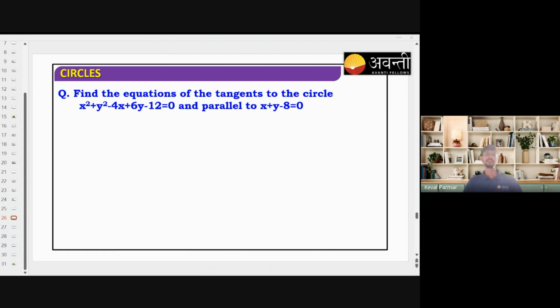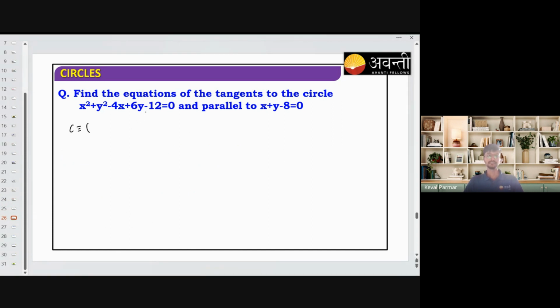Find the equation of tangents to the circle parallel to the line. Now, this is a straight-up example of the previous concept. Let's see. What will be the center? How to find the center?